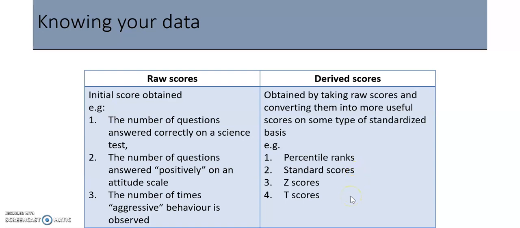I will make a new video to describe z-scores and t-scores if you like. But first, percentile ranks. A percentile rank positions the number on a scale of 100 to show where the score places.